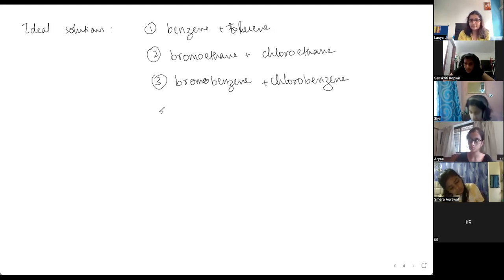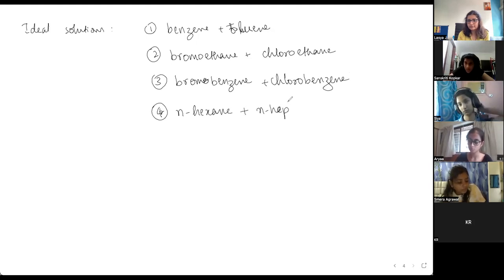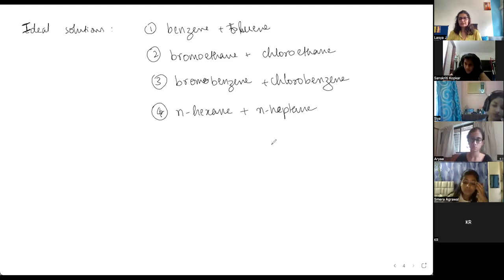Then we have n-hexane and n-heptane. So it's kind of easy to figure out where it will be ideal. There's a very small difference in molecular mass, and characteristics-wise also they're very, very similar.